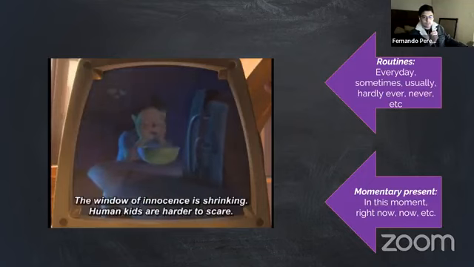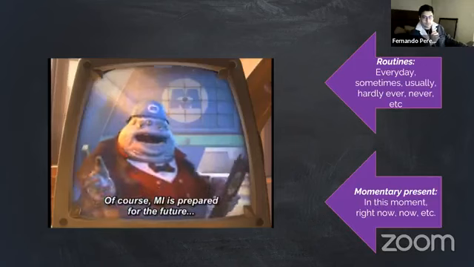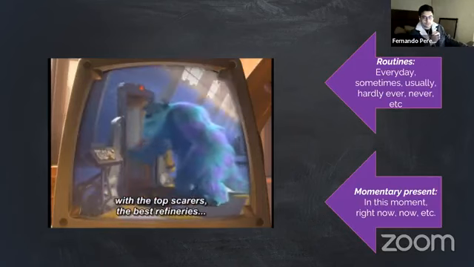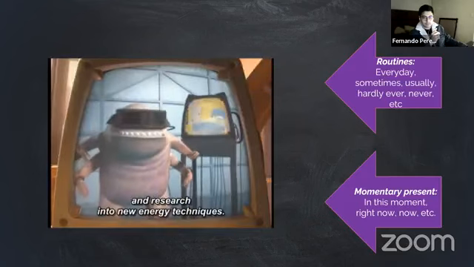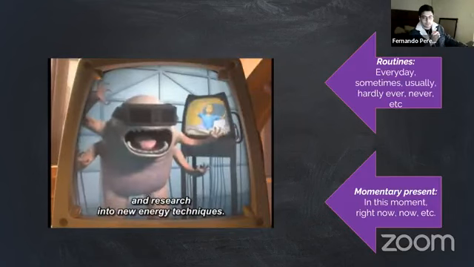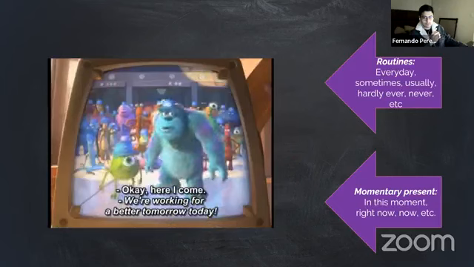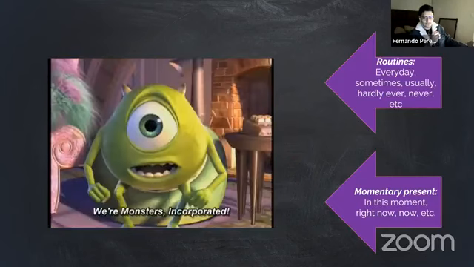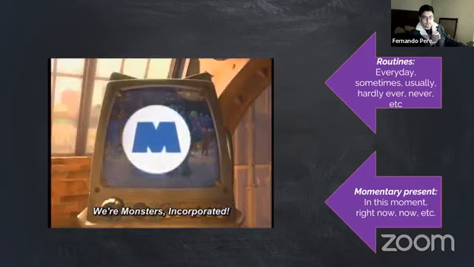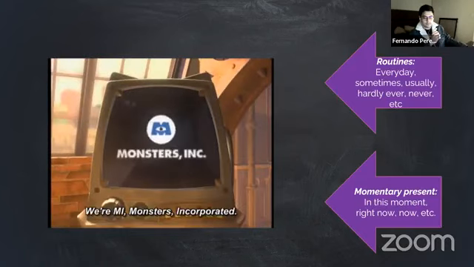The window of innocence is shrinking. Human kids are harder to scare. Of course, MI is prepared for the future with the top scarers, the best refineries, and research into new energy techniques. We're working for a better tomorrow. Today. We're MI, Monsters Incorporated. We scare because we care.